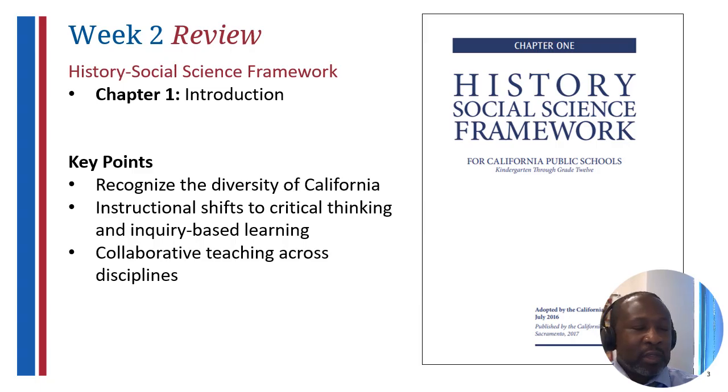One of the most important things is the diversity of California, not just in students, but cultures, language, economics, small school districts, large school districts, rural, urban, K-12 districts, elementary districts. There's such a variation in the state. So it's really important to understand the overall framework, but then to remember that it's important to understand your local context when you're developing lessons and activities for students.